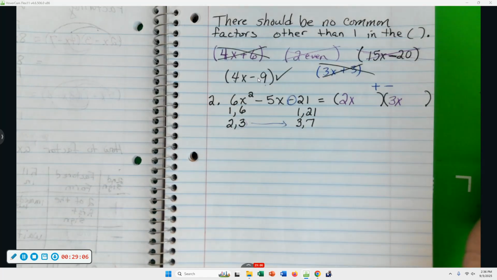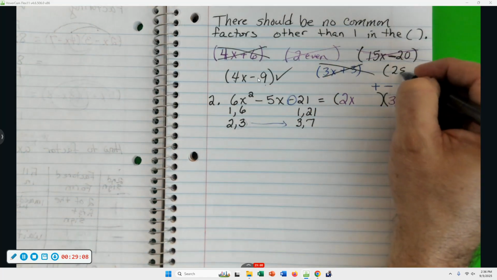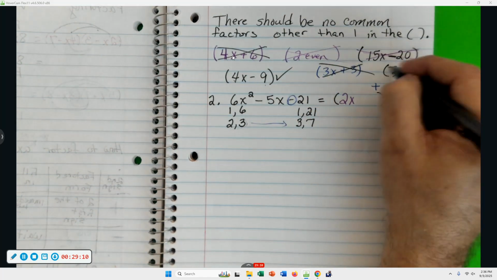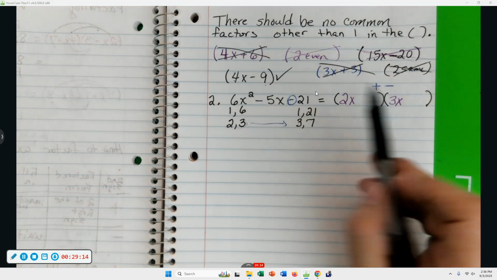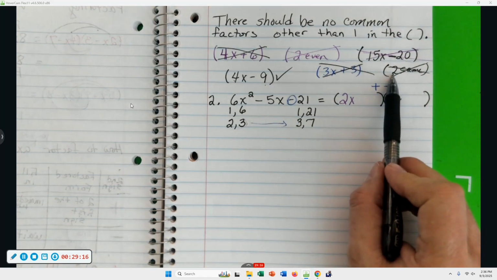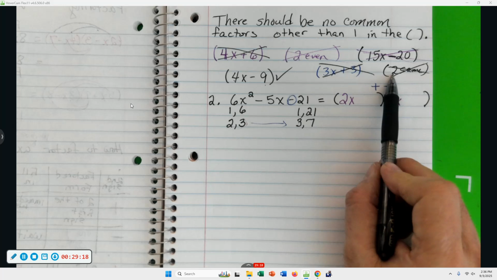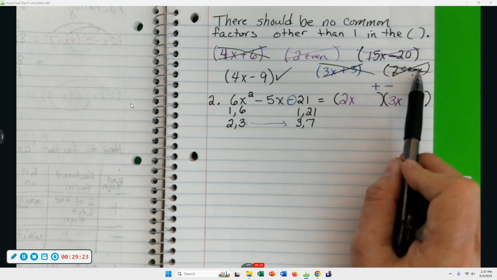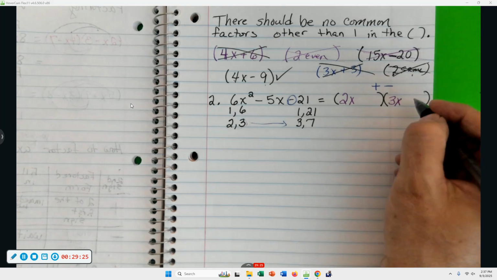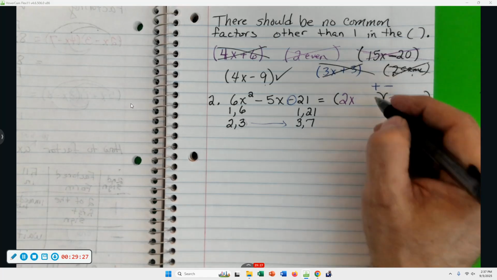That cannot be correct. You can't have 2 of the same numbers, just like you can't have 2 even numbers inside the parentheses. You can't have 2 exactly the same numbers inside the parentheses if you're factoring correctly. So I can't put the 3 there. I don't even need to try it.